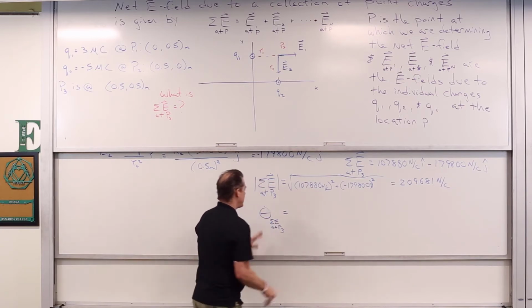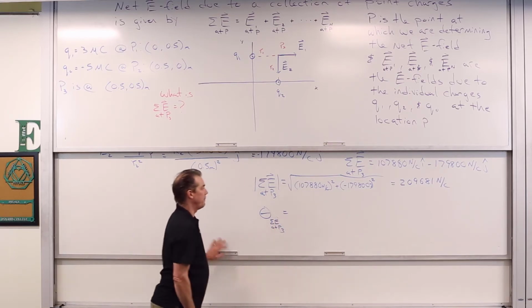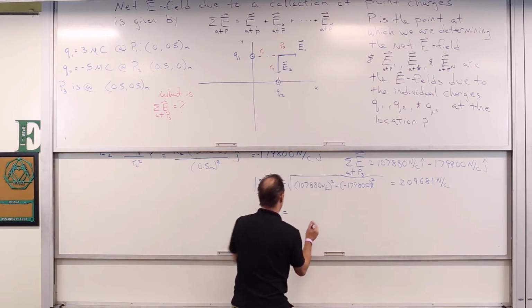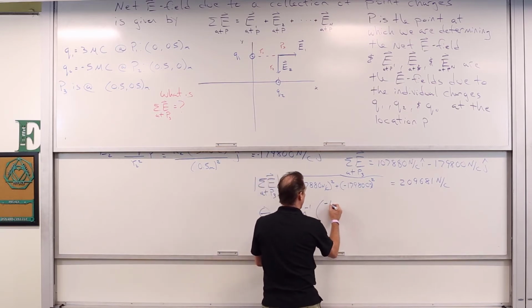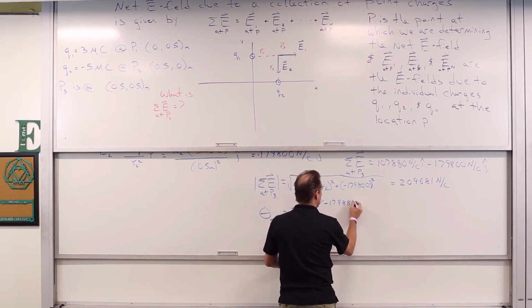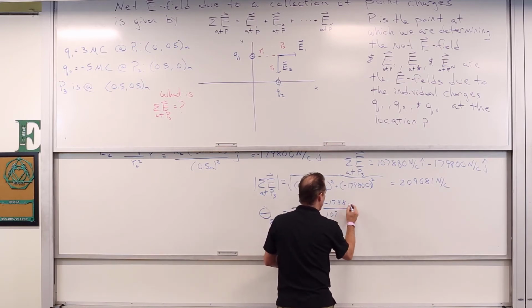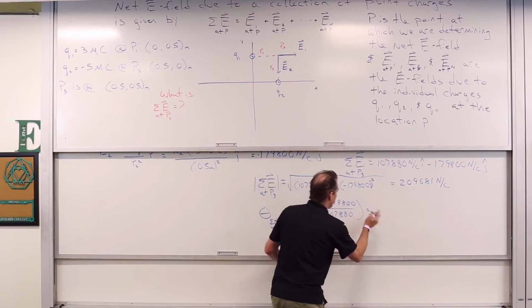So we've got theta of the sum of E hat at P3. The direction that it makes relative to the positive x direction is gotten by the arctangent of the sum of the y with the sum of the x. So we've got ourselves the arctangent of negative 179,800 divided by 107,880, units per coulomb, sure.